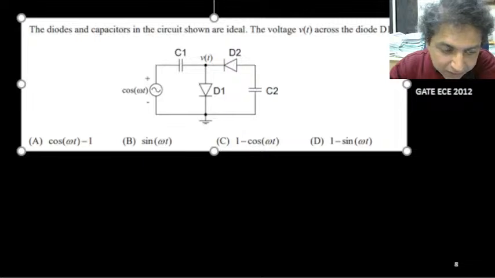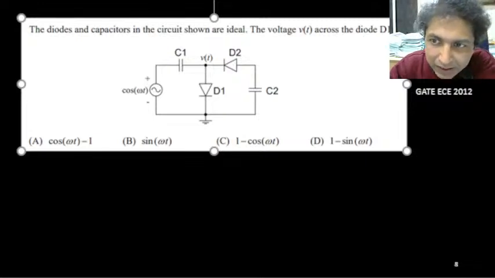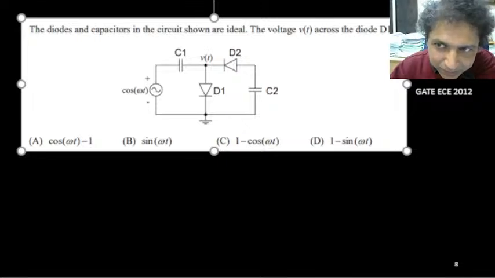Now in this circuit we have a diode as well as a capacitor. Whenever you have this combination, the diode with a capacitor, this kind of circuit is called a clamper circuit. Voltage level is shifted.